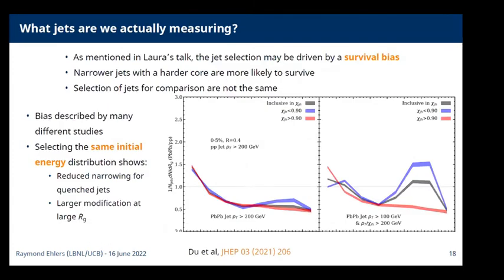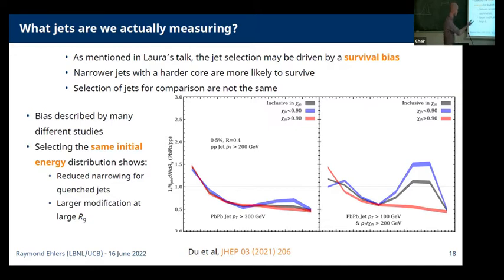So continuing to connect with our discussion already, I want to keep thinking about this question of what jets we're actually measuring. Laura, I think, already described this nicely, and I think we're quite familiar with this now. But the idea of having this survival bias, and what we can do to actually access additional phase space.